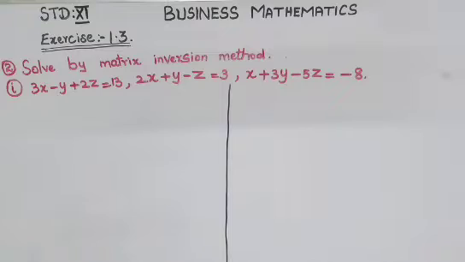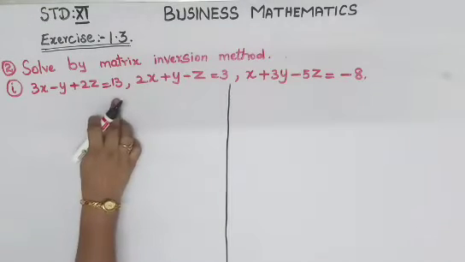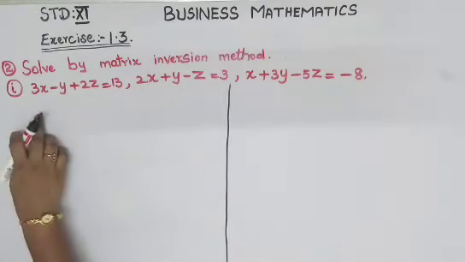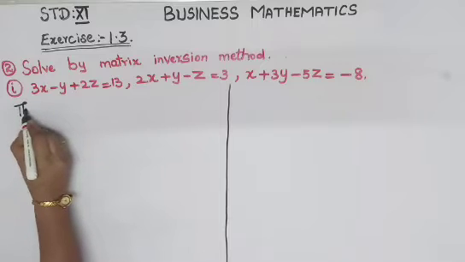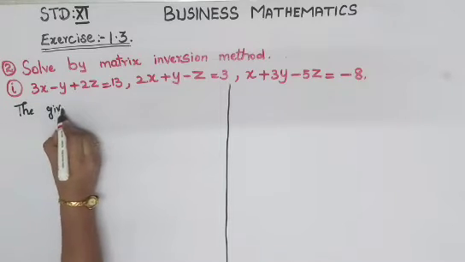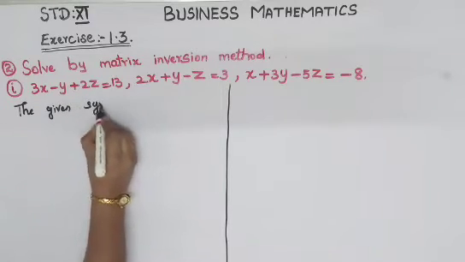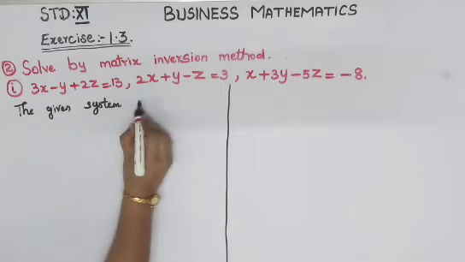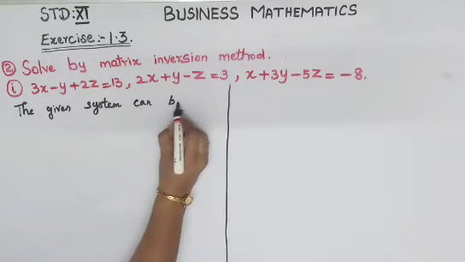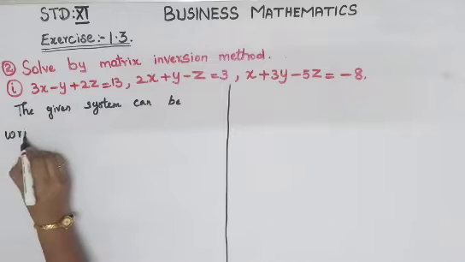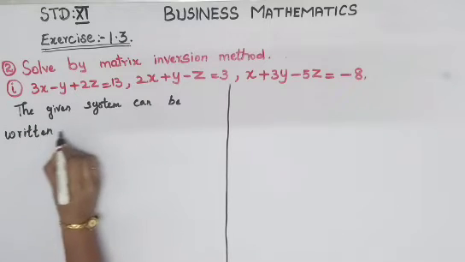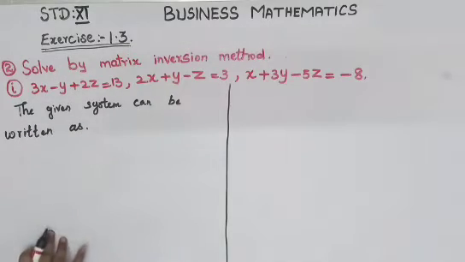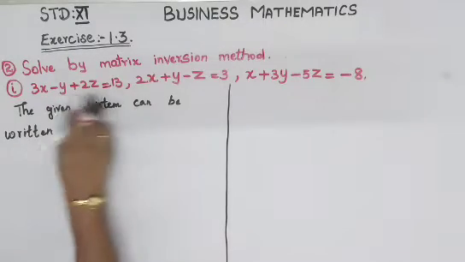So first we'll write it with the constants separate. The given system can be written as follows. You'll have to form a 3 by 3 matrix because 3 equations are given.